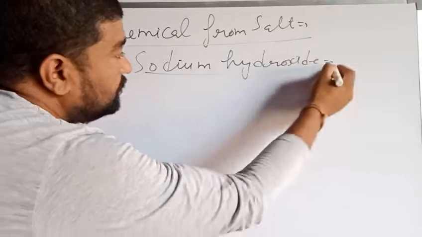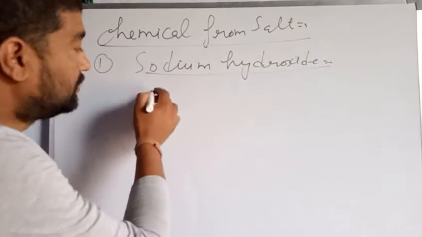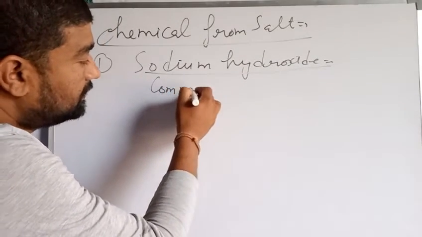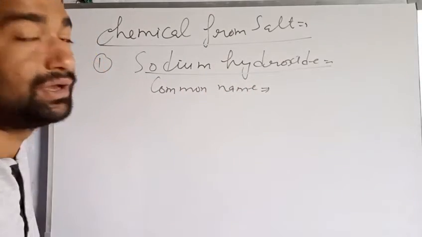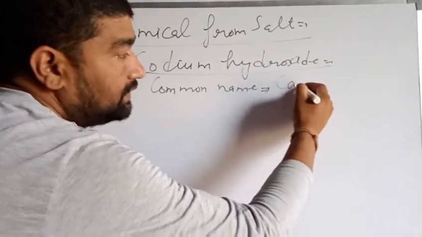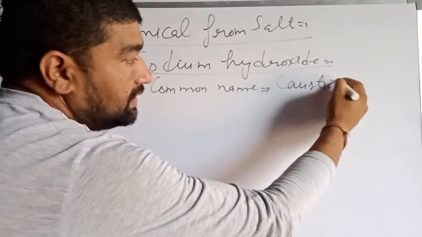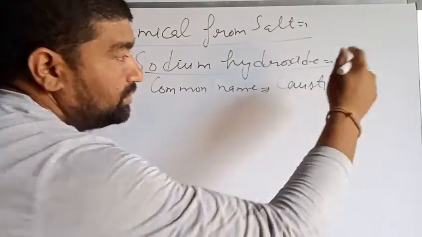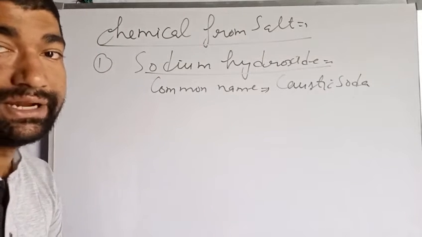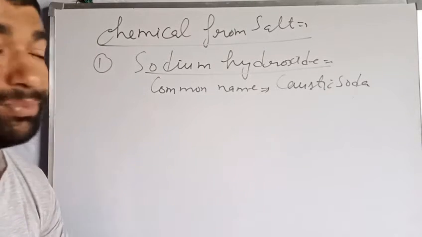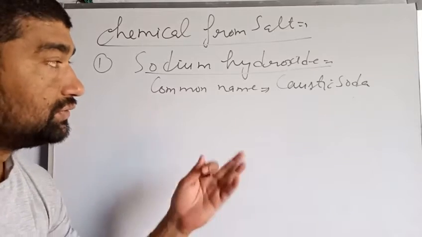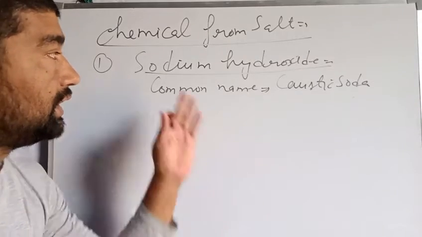Okay, so sodium hydroxide, the common name for that chemical is caustic soda. You must have heard that word when you go to the market. You purchase it from the shopkeeper, saying I want caustic soda, and he will give you that product called sodium hydroxide.